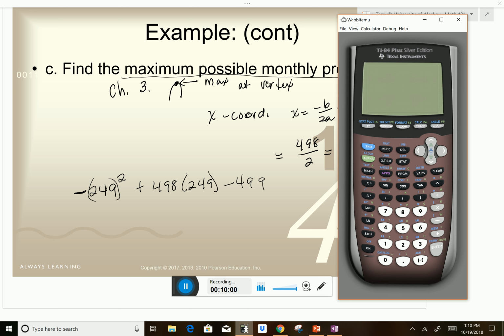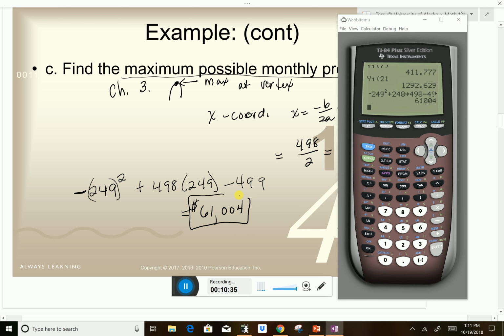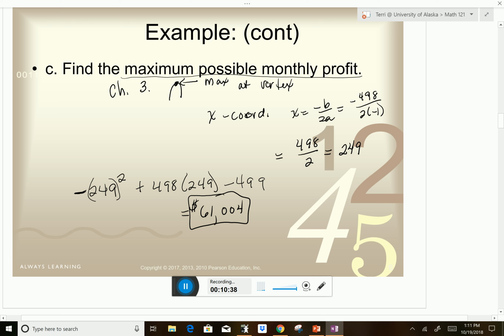So negative 249 squared plus 249 times 498 minus 499. Believe me, your calculator knows order of operations, so you don't have to worry about it. So I get 61,004. So that is our maximum monthly profit for this item.